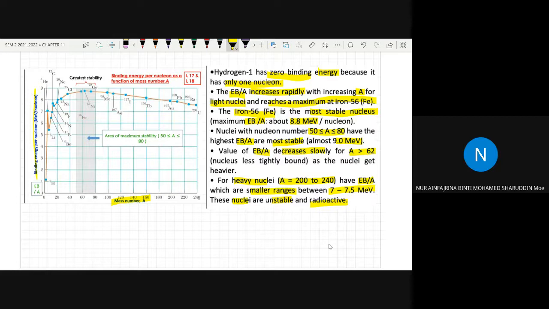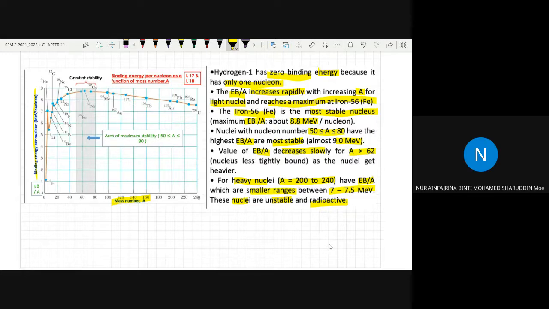Okay, can? You guys have any question? No, okay. If no, I have a question for you. Okay, Hana. Which nucleus is the most stable? Very good, iron 56. Okay, so which range of nucleon number will make the nucleus stable, Hidayat? Nucleus with what nucleon number will make the nucleus the most stable?